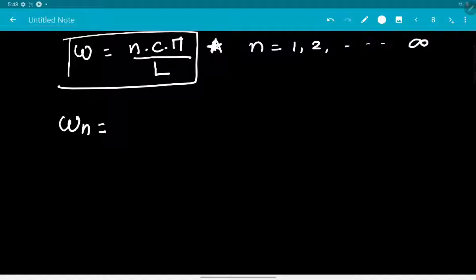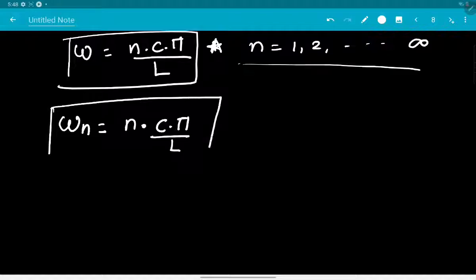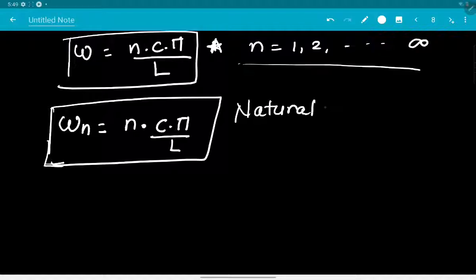Omega can take any one of these infinite values, but they are discretely spaced. Omega cannot take just any value. Omega can take any one of these discrete values, which are n times c times pi by L. So this is the solution for natural frequency.